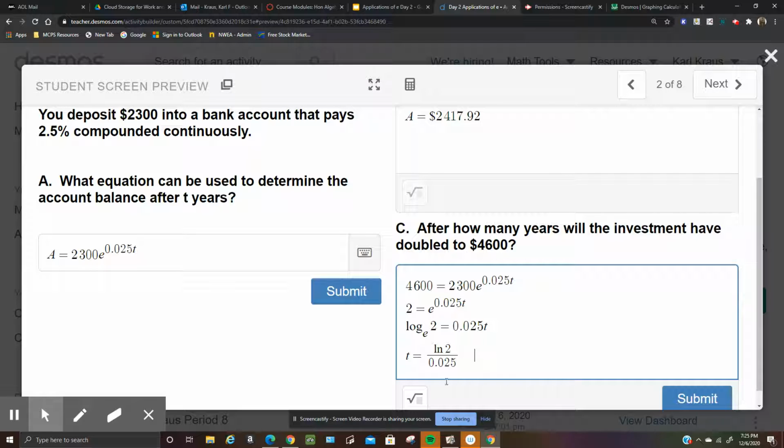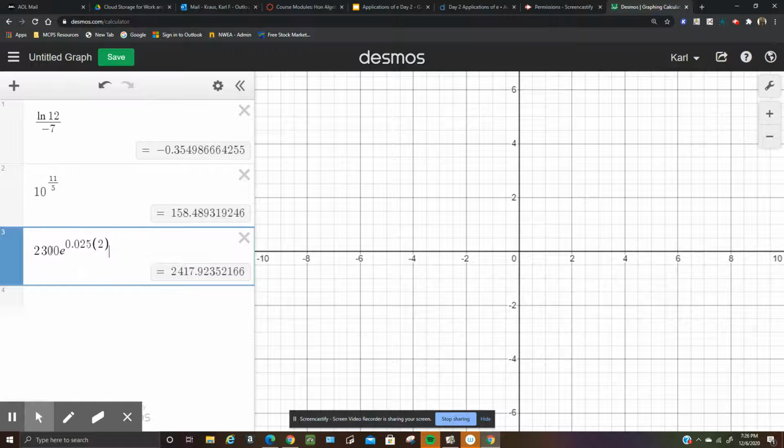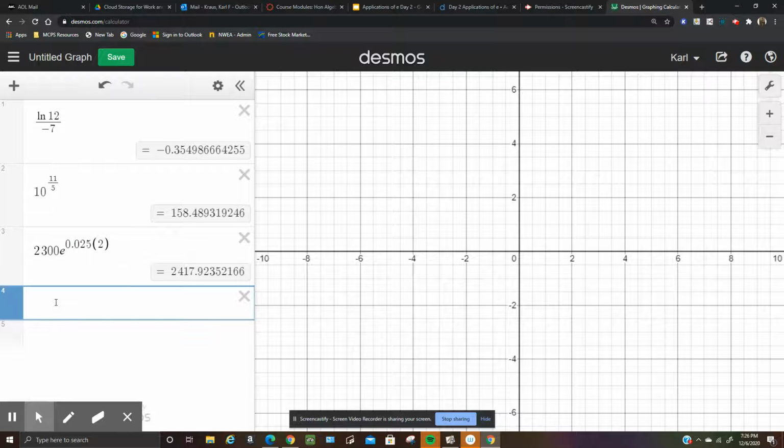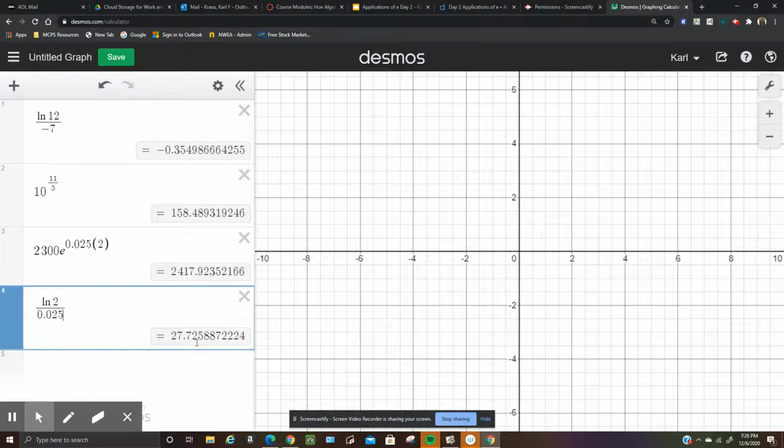Natural log of 2 divided by 0.025 would be 27.7 years.